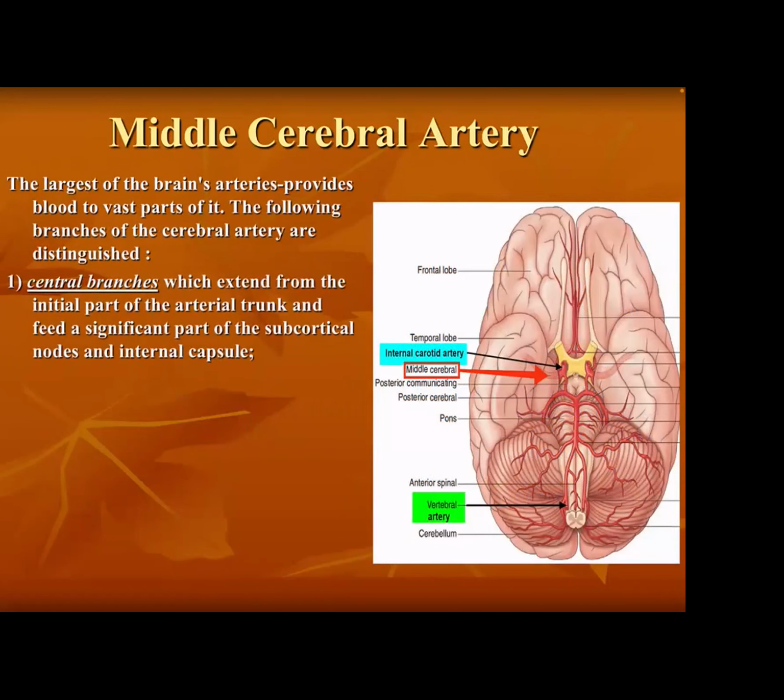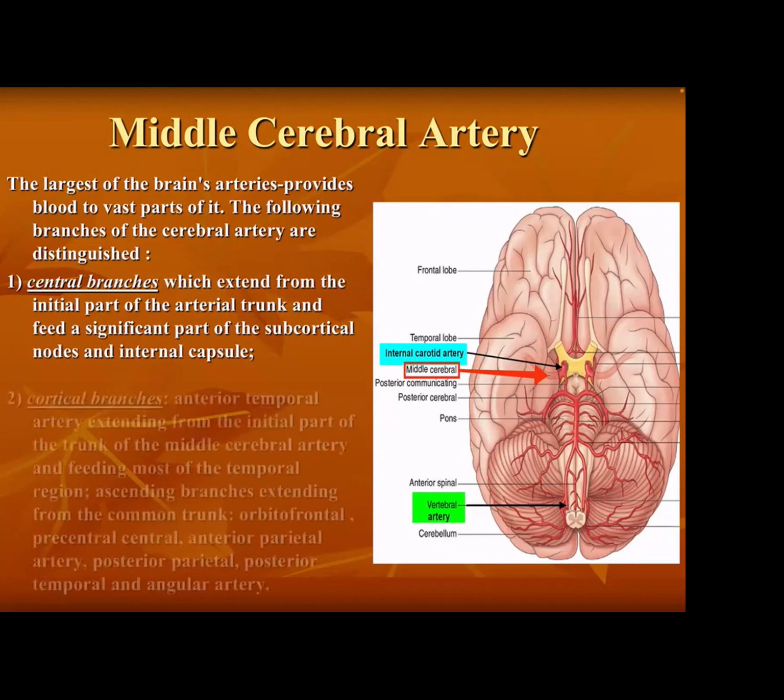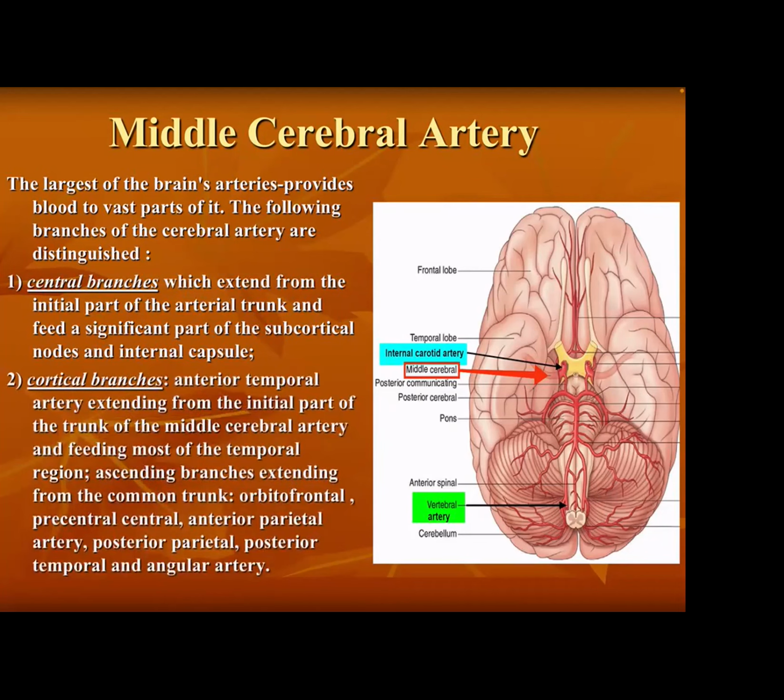The middle cerebral artery, the largest of the brain arteries, provides blood to vast parts of it. The following branches are distinguished: the central branch and the cortical branches. The central branch, which extends from the initial part of the arterial trunk, feeds a significant part of the subcortical nodes and internal capsule.